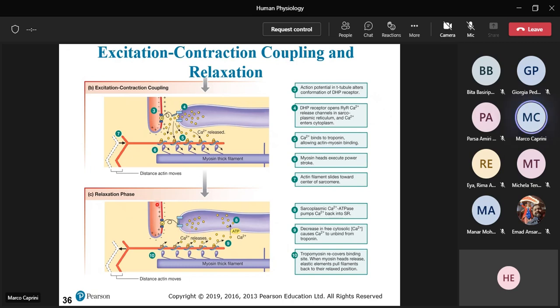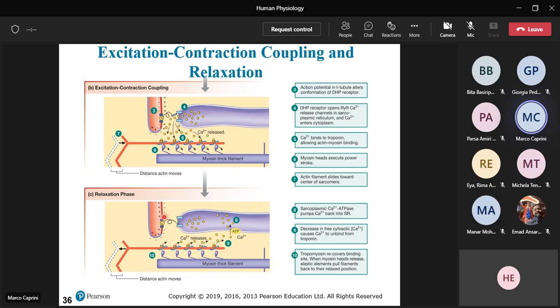And first of all, when acetylcholinesterase deactivates the neurotransmitter, the end plate potential does not occur because acetylcholine is not there.